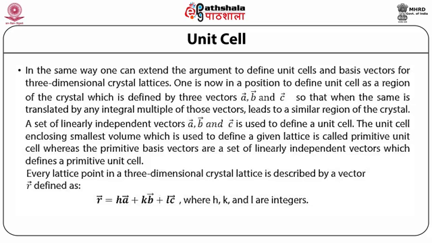Every lattice point in a three-dimensional crystal lattice is described by a vector R defined as R vector equal to H A vector plus K B vector plus L C vector, where H, K, and L are integers.